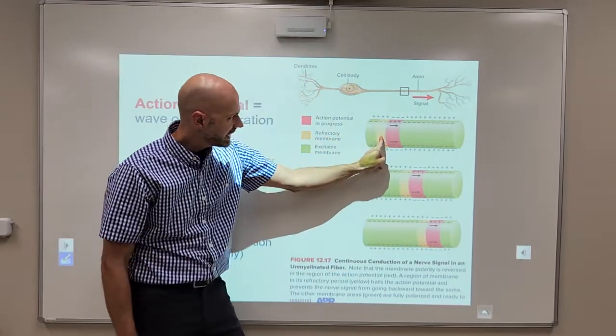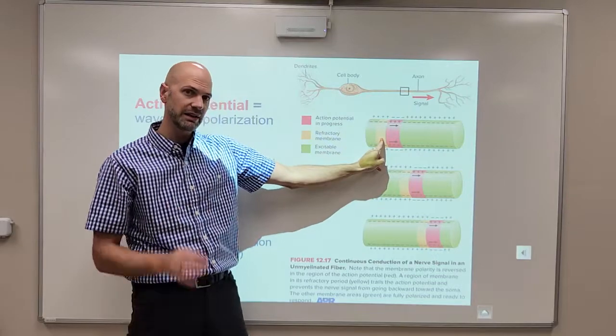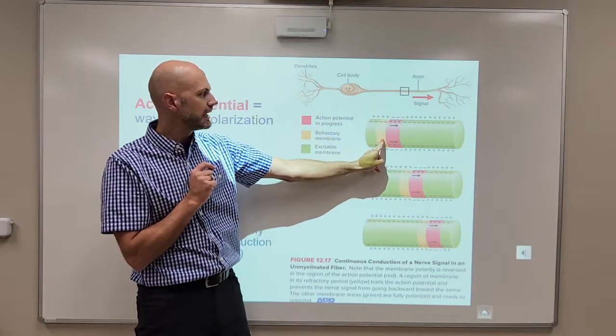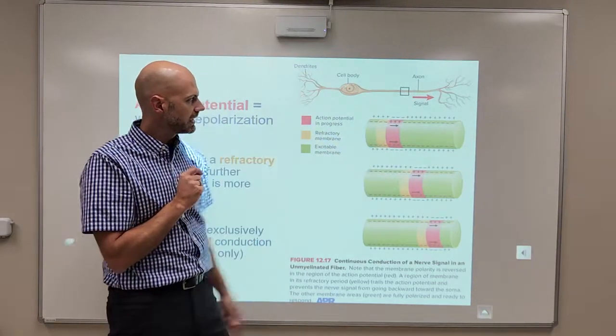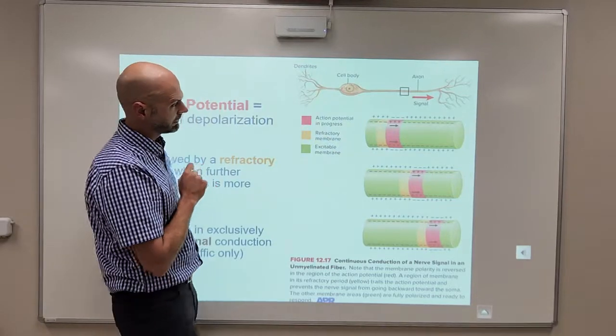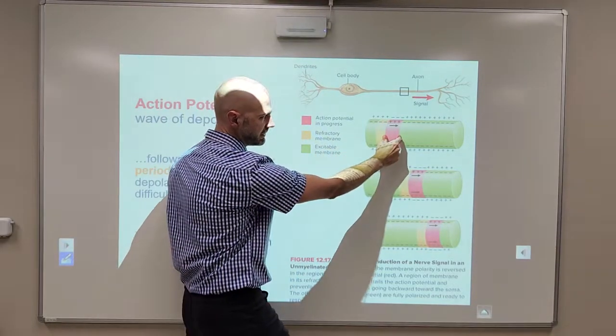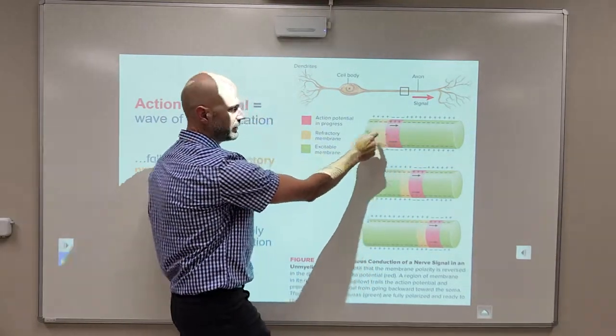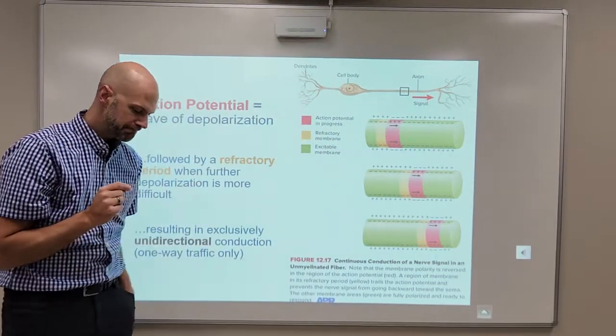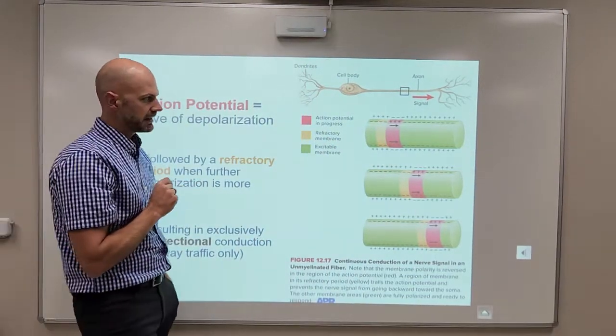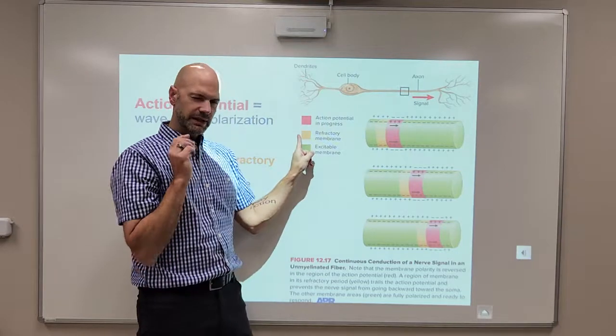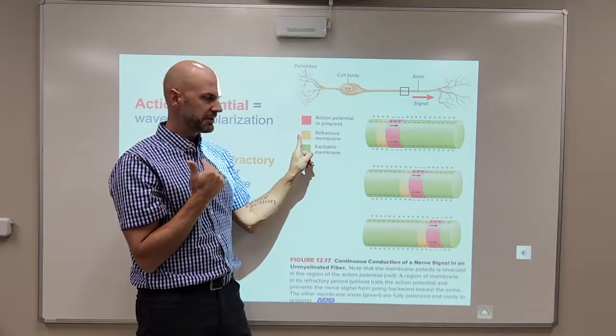On the trailing edge here is actually the period of refractory. In red would be the absolute refractory period, and in yellow would be the relative refractory period.